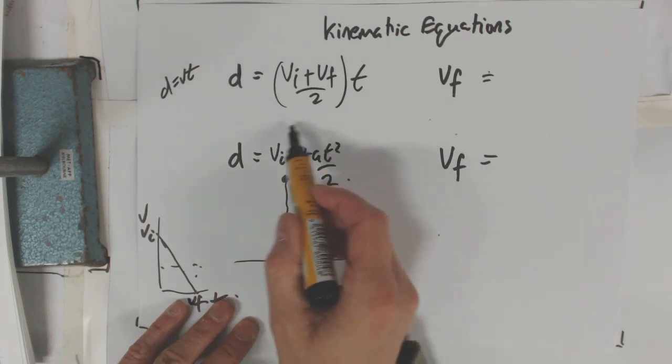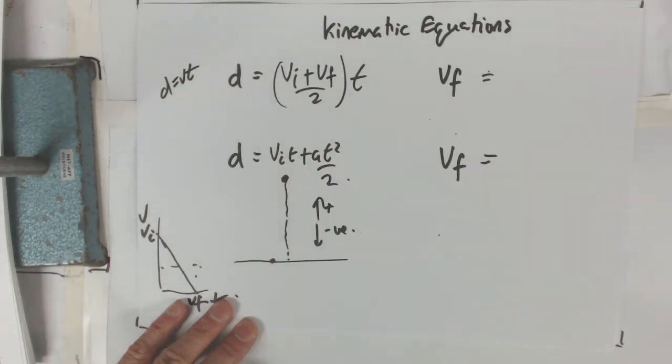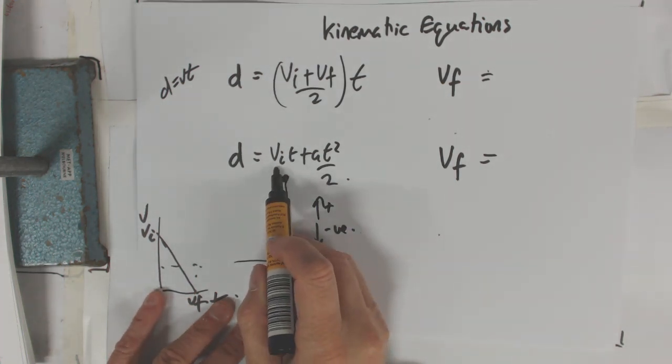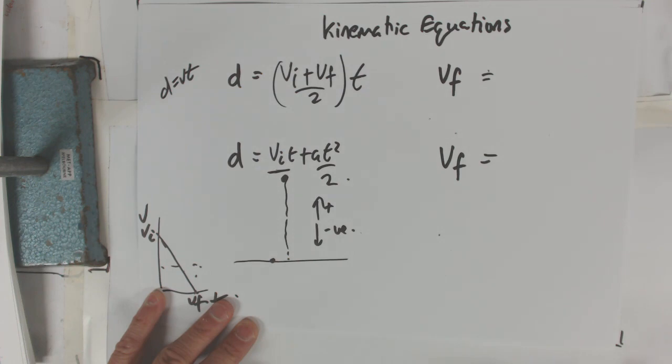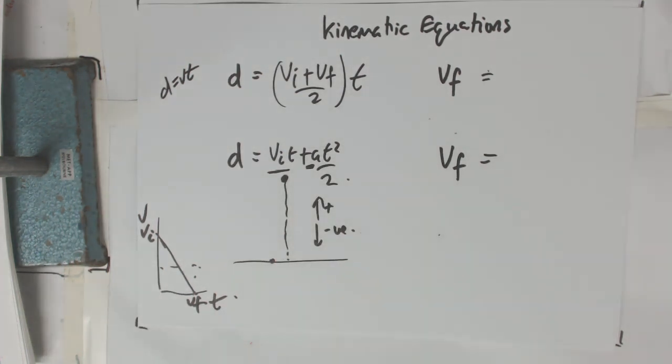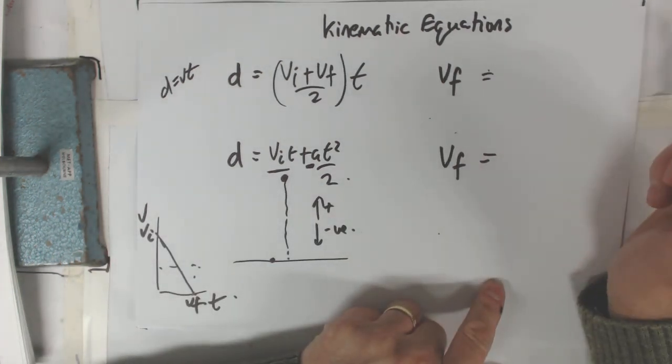If we've said that positive is up, distance would be positive if it's up. So the VI would be positive and the A would be negative. So you need to remember how to do those little moving things around with your algebra. So those are your distance ones.